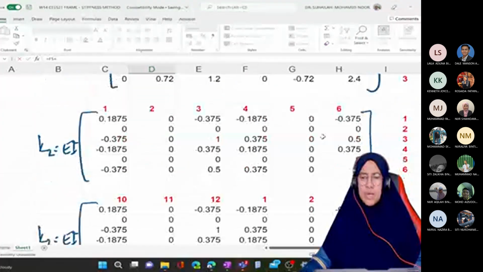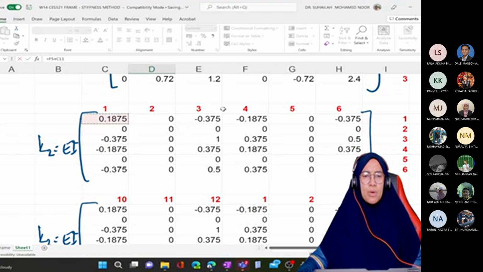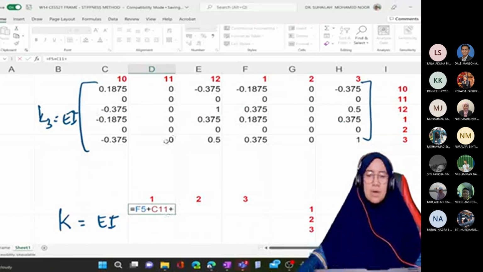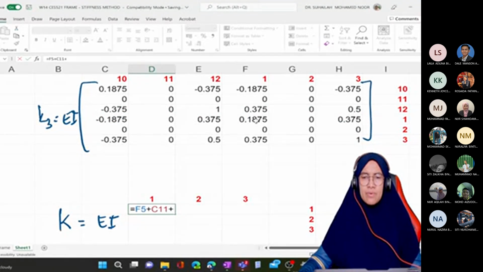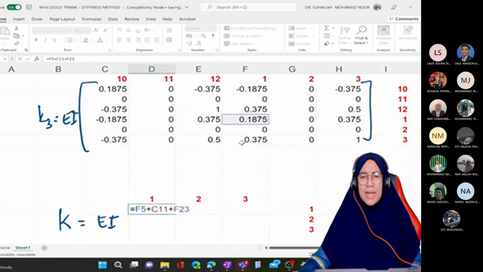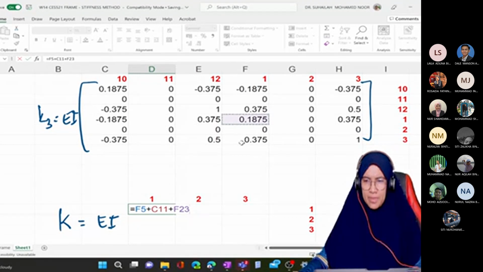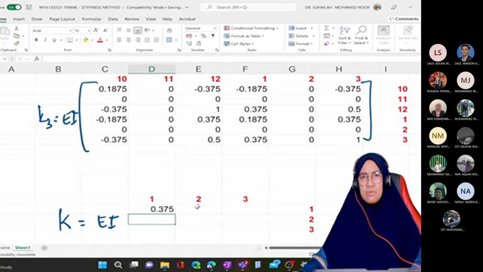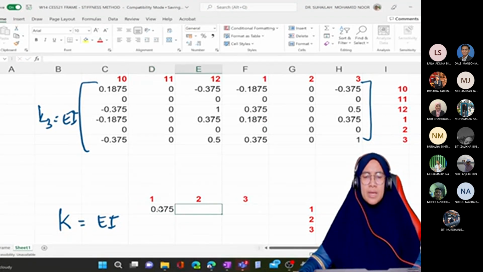From K2 we have 0.1875, and from K3 we have 0.1875. So 1, 1 is 0.375.